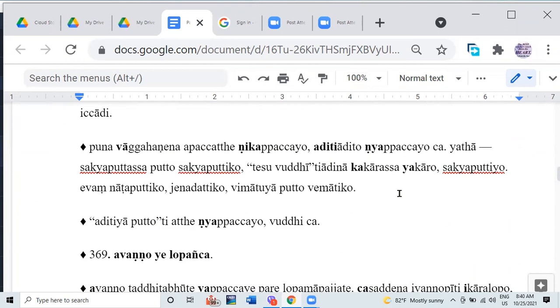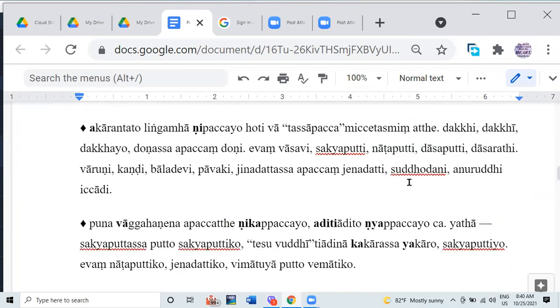The na consonant is dropped. So easy, right? At that time, only E remains. Then Daka and E. The a of Daka is dropped. So we have Daki. Okay.